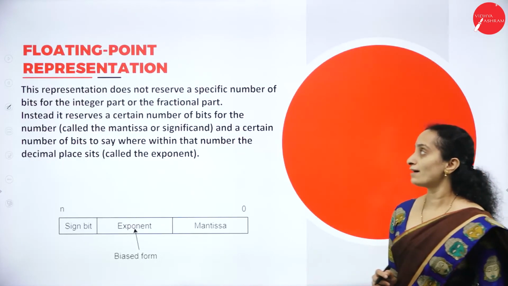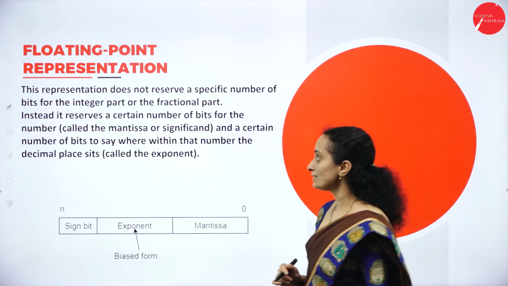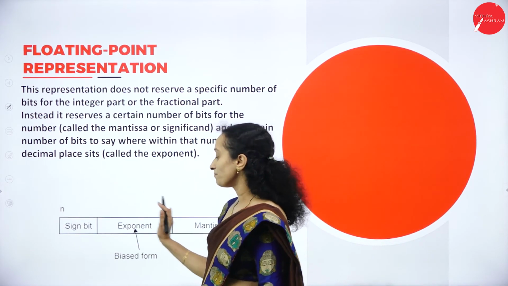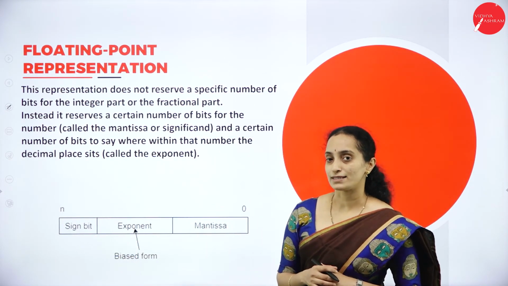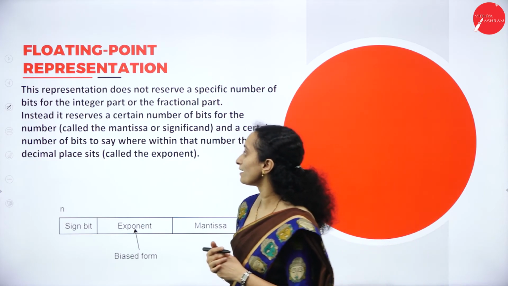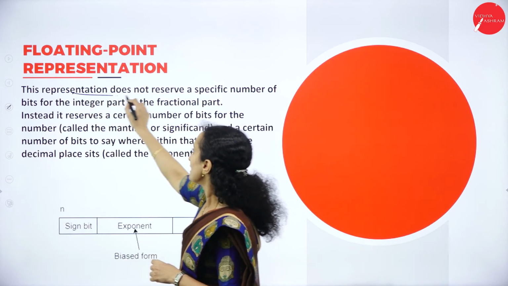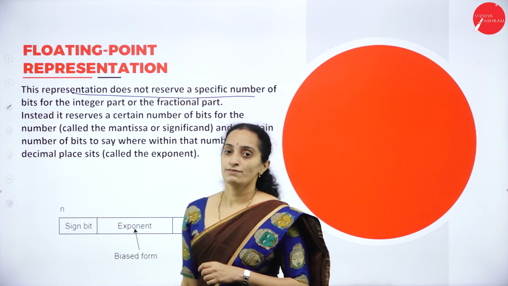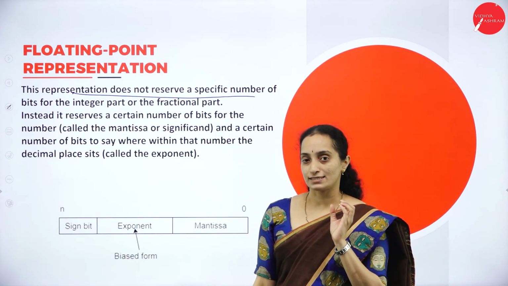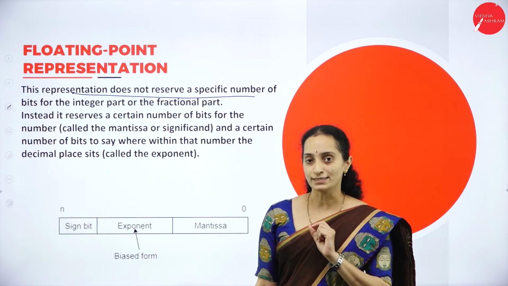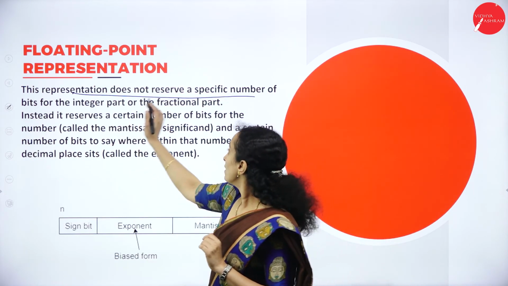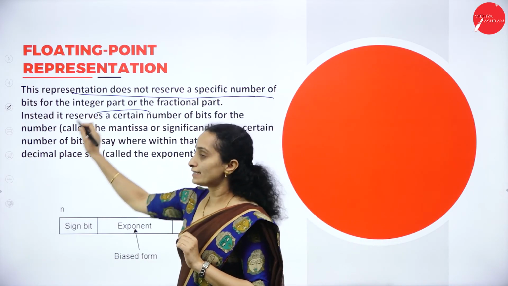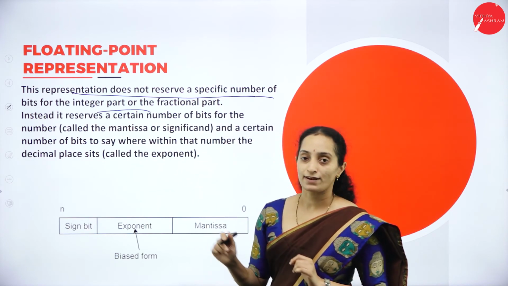Suppose it is a floating point, that means you have a floating point part in the number. That means you can have any number of bits in the number. Okay. This is where you don't have any fixed number of bits for the integer part or the fractional part.